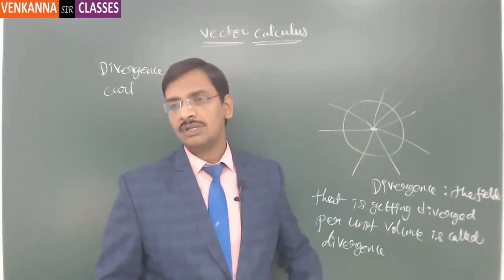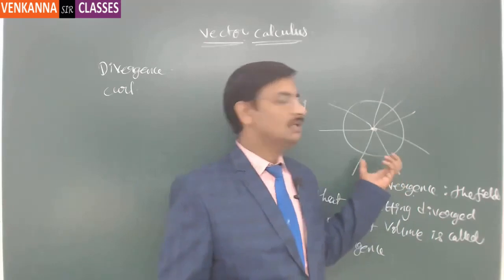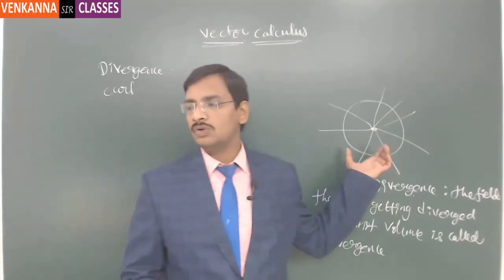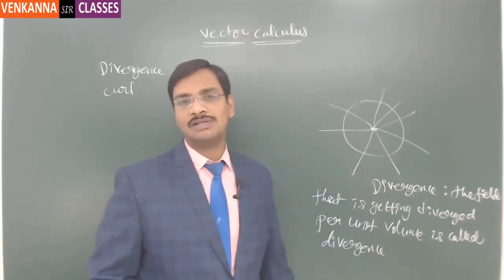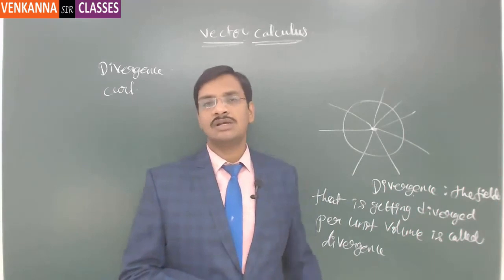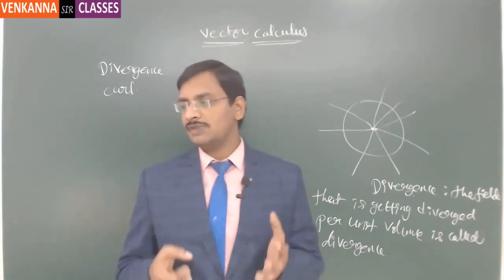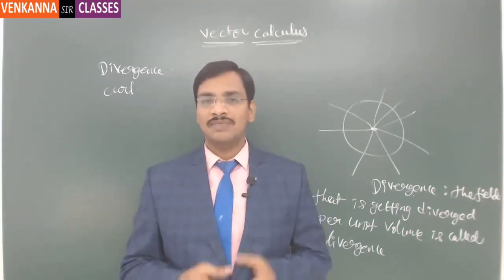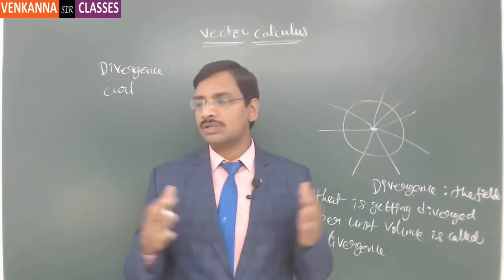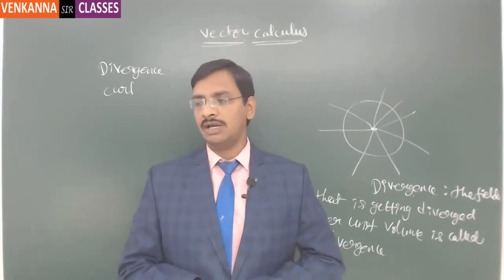Got it? So, this is very popular in fluid dynamics, where we use this phenomenon of divergence as the continuity equation. The continuity equation is nothing but this: suppose there is a continuous generation of fluid within this room, then this water that is getting generated continuously has to travel through the surfaces of the walls in all the directions.